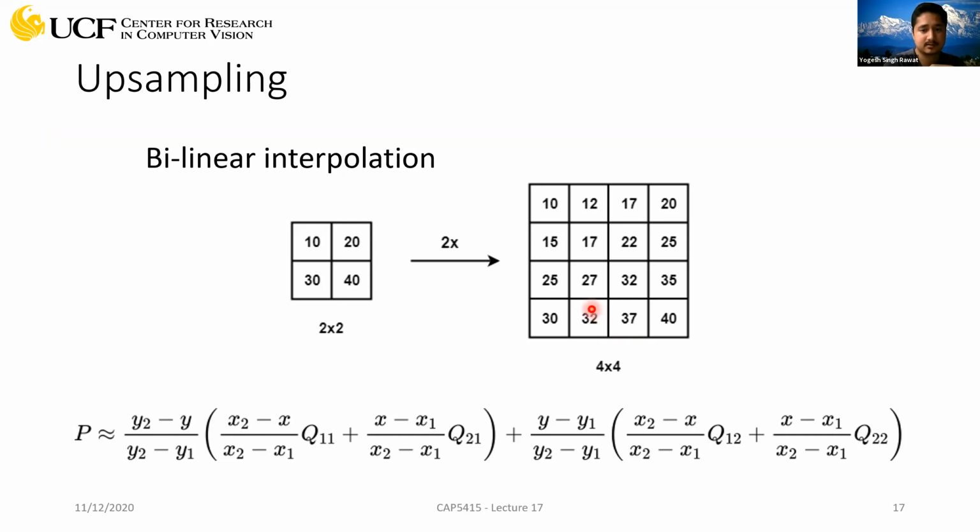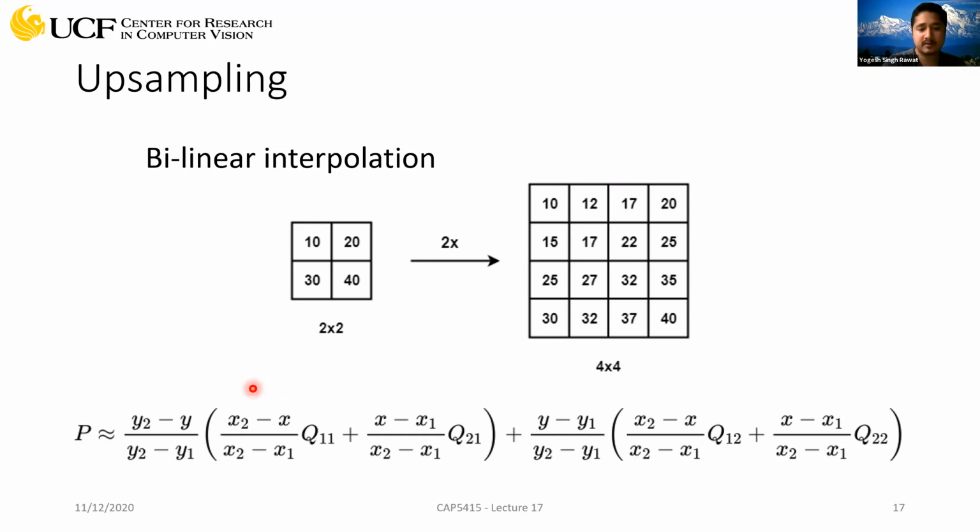We find the distance X2 minus X, divide it by the total distance, X2 minus X1, and multiply that with Q1. Similarly, we take X minus X1 over the total distance and multiply with Q2. That's the linear combination. And if the location for which we need to compute the value lies between these two locations, then we only need this operation.